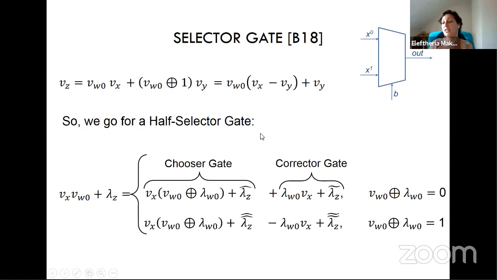So the communication cost here is the same, but based on the chooser gate, we can decide in which of the 2 cases we are. So at evaluation time, the evaluator doesn't need to decrypt both of the corrector gates, but only one suffices. And that is the optimization here. Now, what about our selector gate?